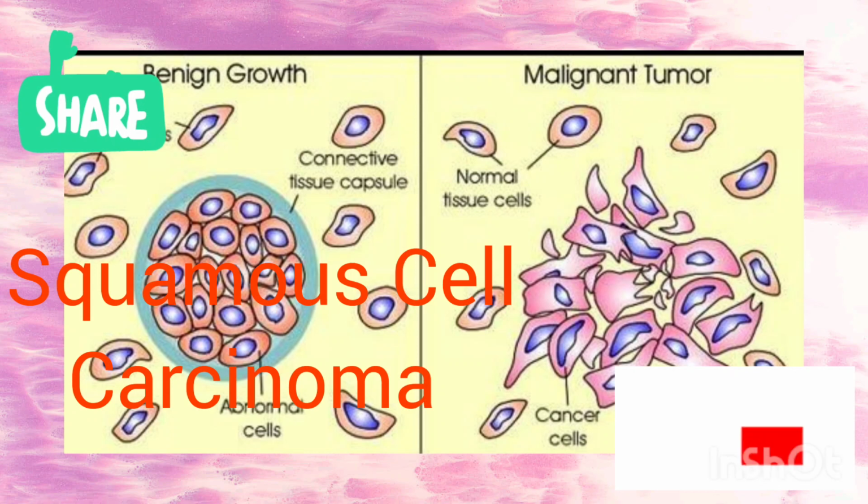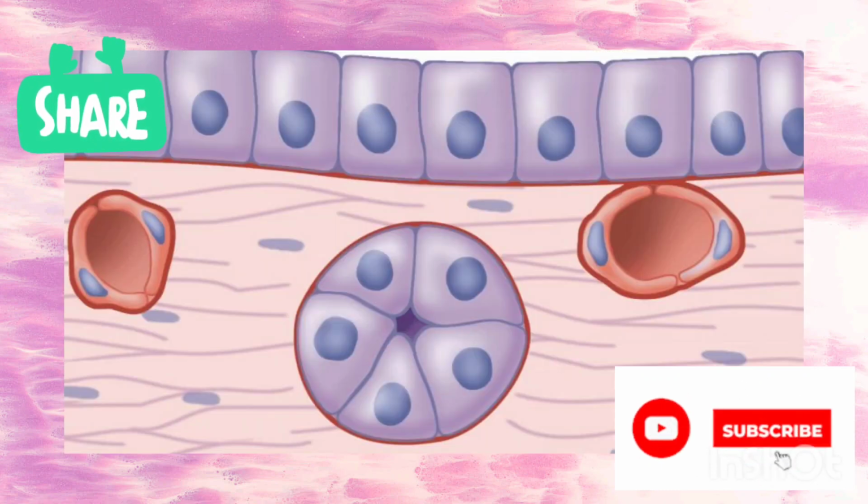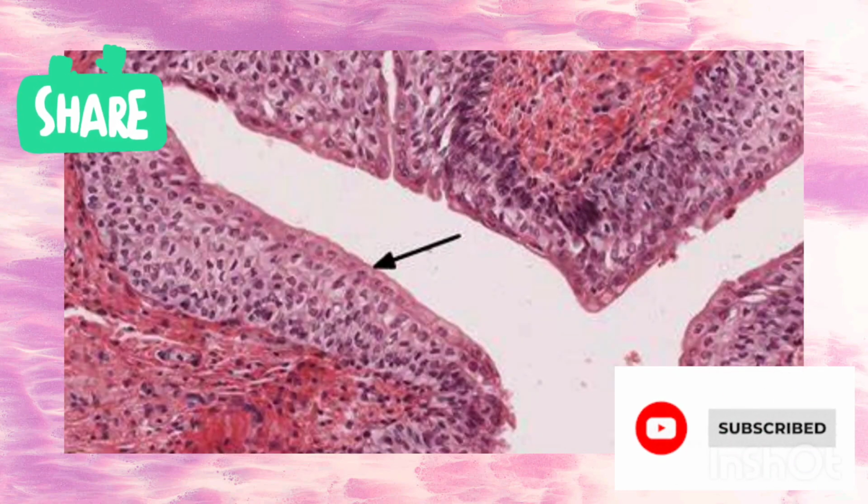Squamous cell carcinoma is a major cancer disease of the skin, and it arises from the epidermis, the epithelial cells of the skin. Most of the epidermis is made up of flat, scale-like cells called squamous cells, so squamous epithelial cells. This cancer in its in situ form is generally known as Bowen's disease.